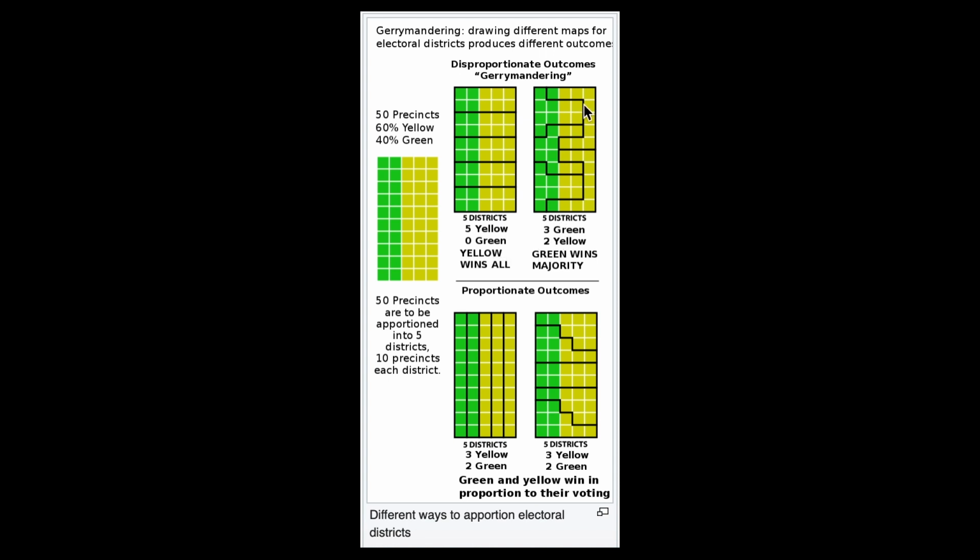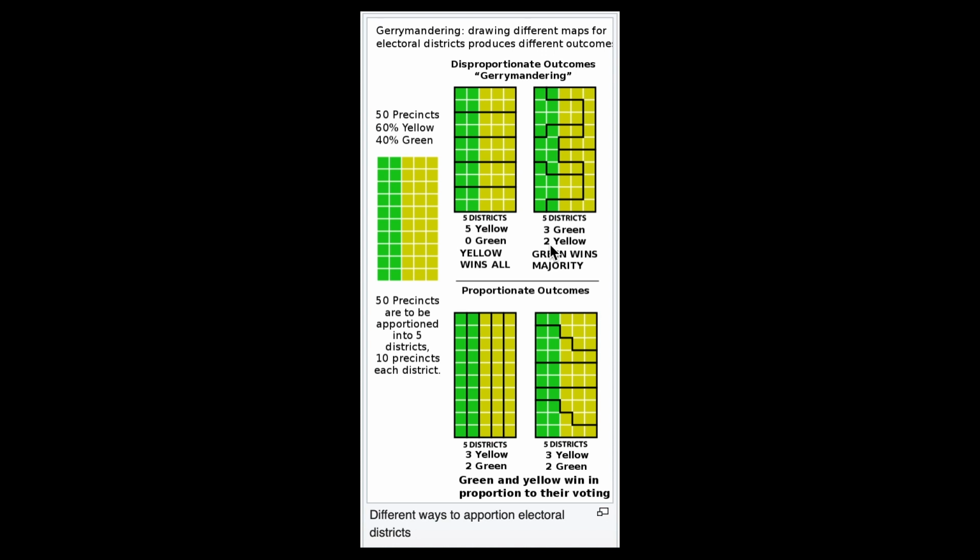And how about the second scenario? Let's take a look one by one. In this district, the green wins, right? And in this one, also the green wins. In this one, still the green wins. But in this district and this district, it was dominated by the Yellow Party voters. So in total, the Green Party won 3 districts, and the Yellow Party only won 2.